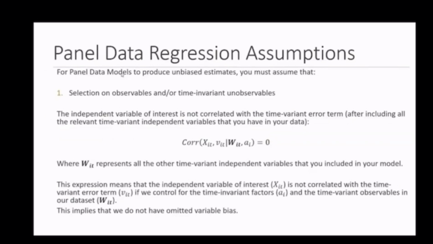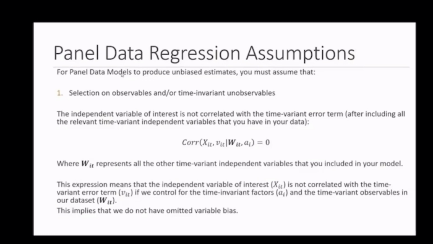The w_it is the time variant unobservables, and the alpha i is equal to zero. So if that is equal to zero, what has happened? It means the correlation is equal to zero. If the correlation is equal to zero, then you expect your slope to be unbiased.